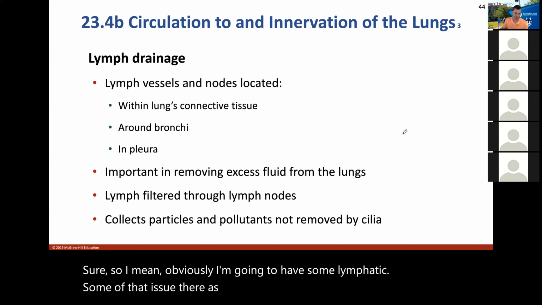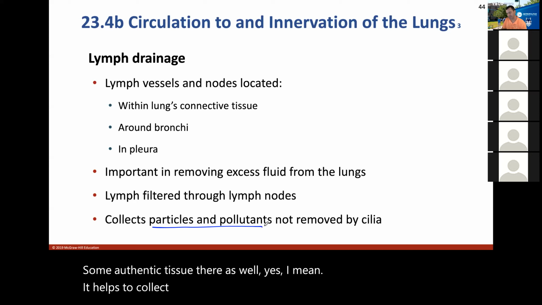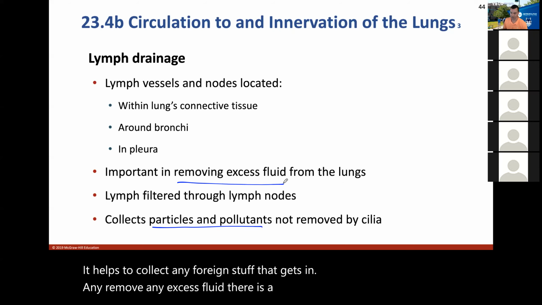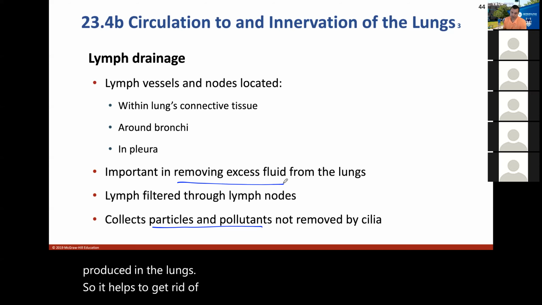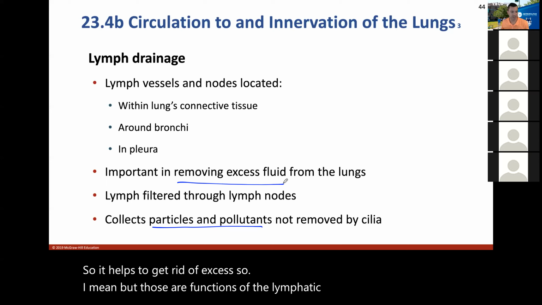It helps to collect any foreign stuff that gets in, remove any excess fluid. There is a significant amount of fluid that gets produced in the lungs, so it helps to get rid of excess. Those are functions of the lymphatic system, so I don't feel like that's a huge stretch.